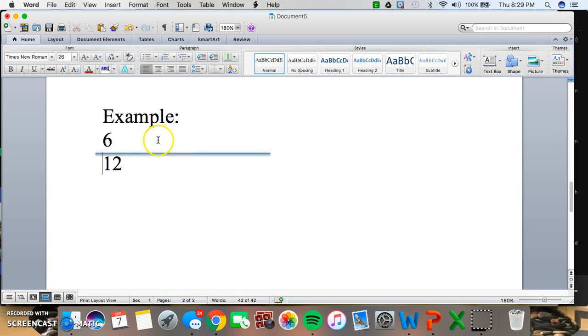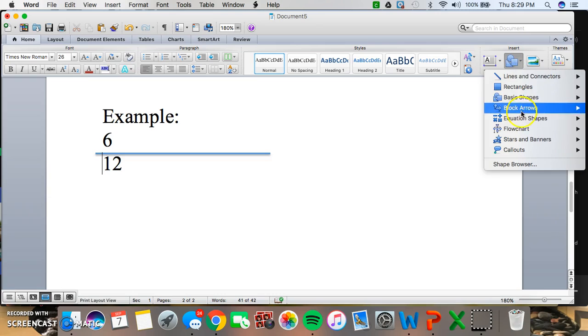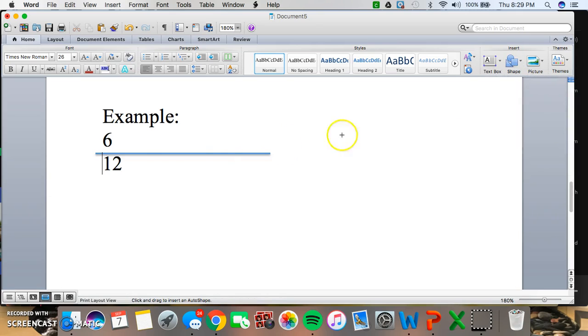Let's say we had 6/12, and then you divide the top and the bottom by 6, because 6 can go into both 6 and 12 equally.